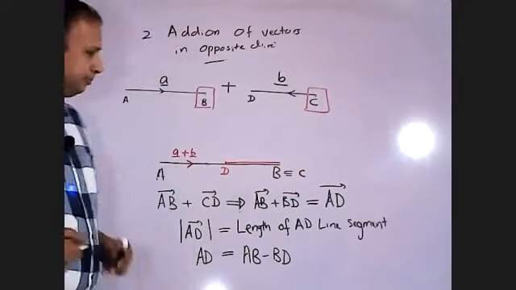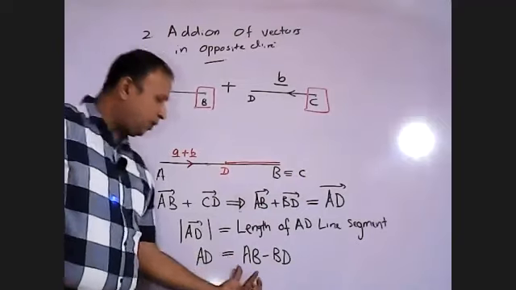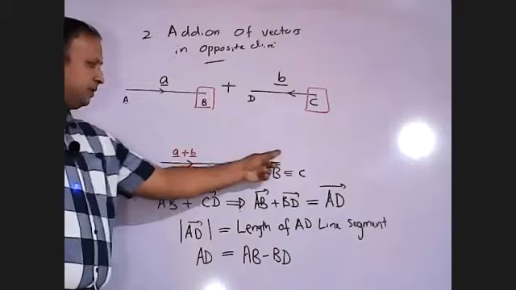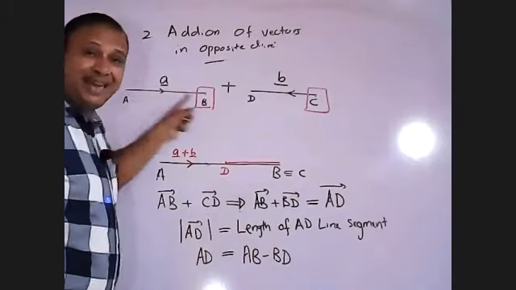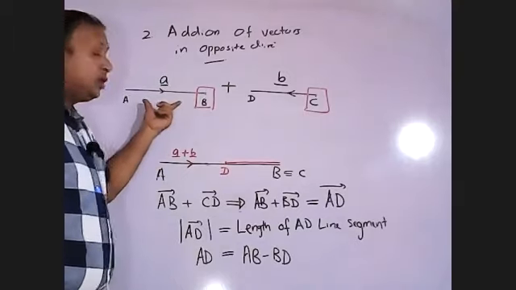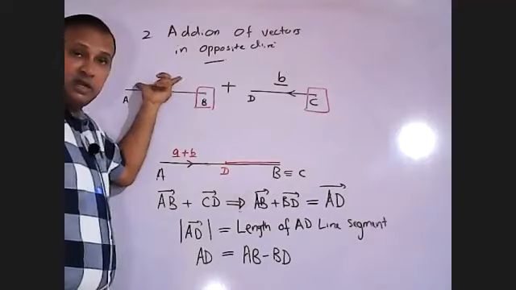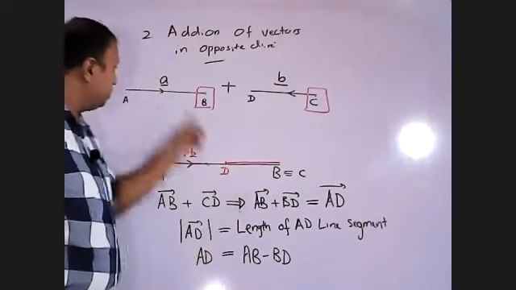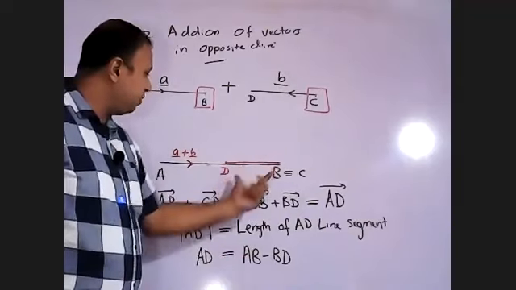So what is the AB length? The AB length is equal to the magnitude of the A vector. And BD means CD, no?